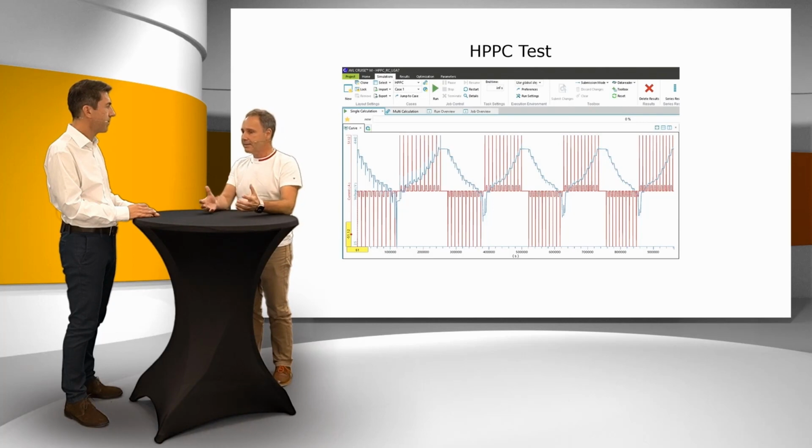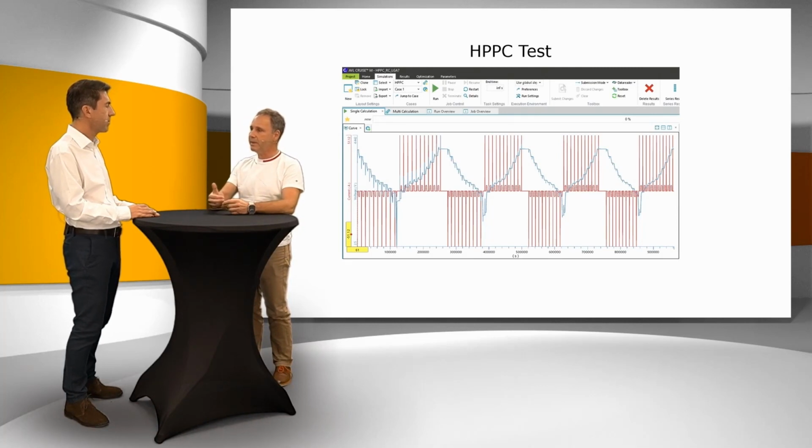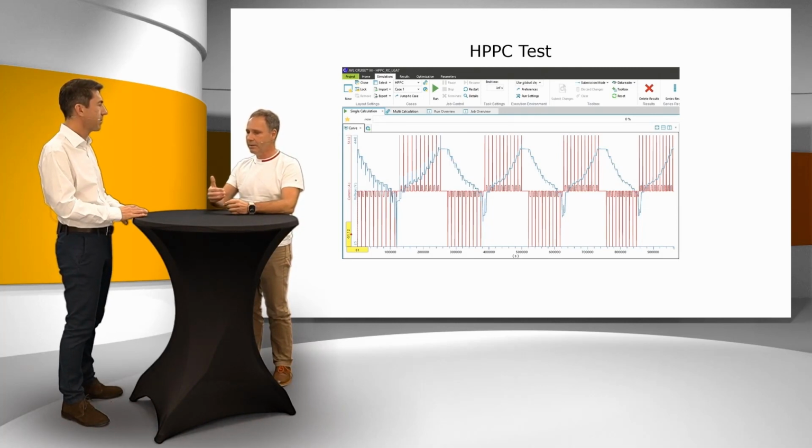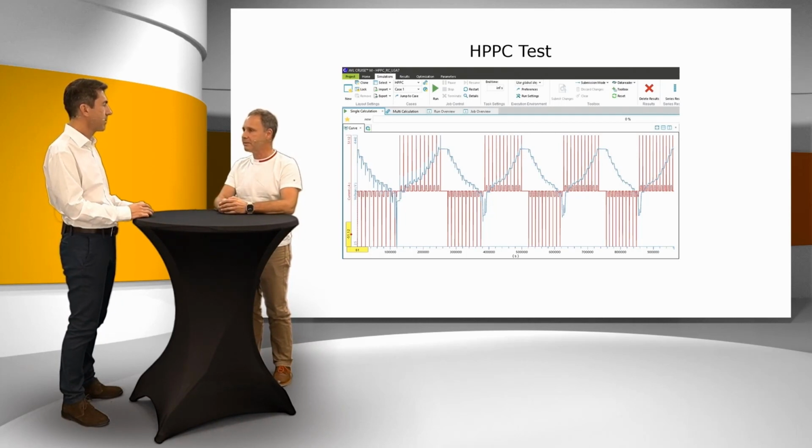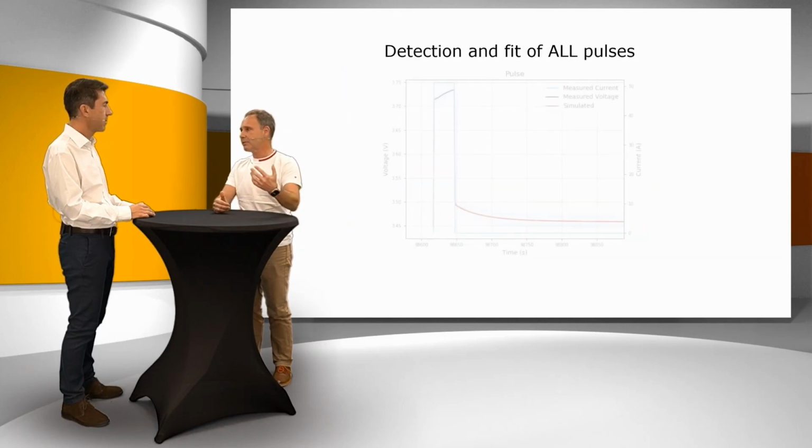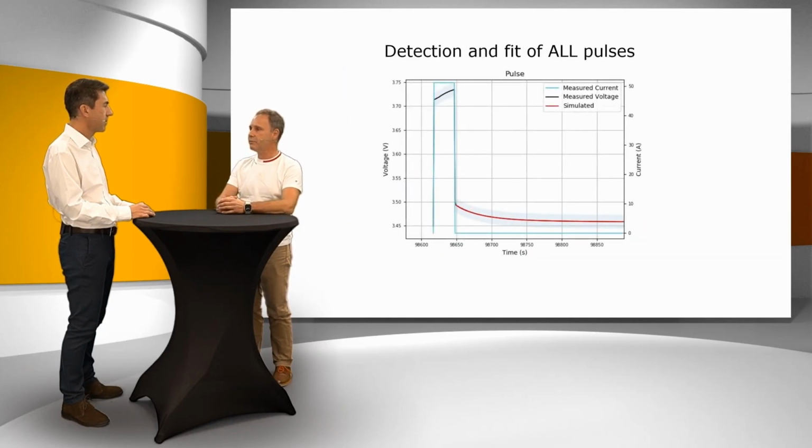And as an example, when I have this electrochemical model, I have parameterized and validated this model, I can also start creating, for example, these HPPC tests virtually. So instead of running for my BMS calibration a couple of weeks to get these pulses for my RC fitting, I can now also simulate this HPPC test within CruiseM.